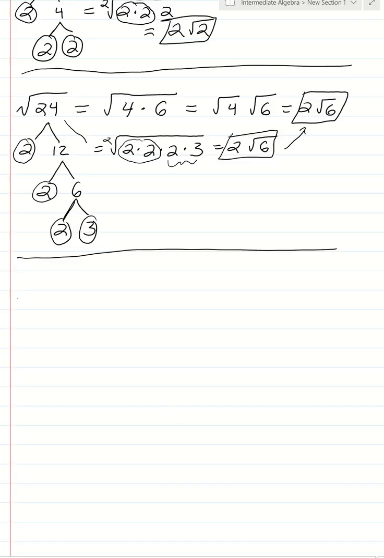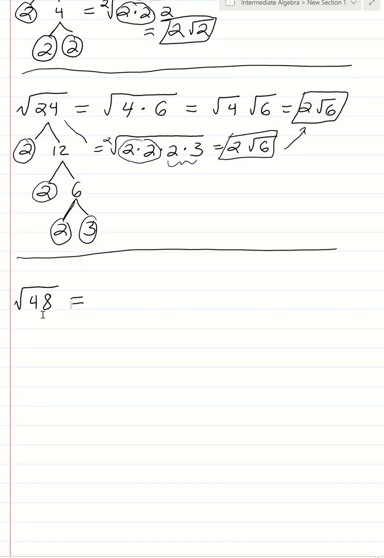Let's say we want to take the square root of 48. Once again, I'm going to show it to you both ways. First method, I need to come up with two numbers that multiply to 48.